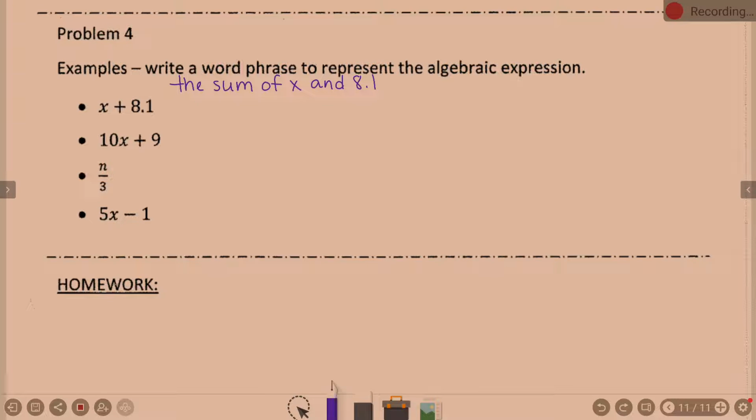Now, is that the only option? No. David, what were you going to say? I'm going to do 8.1 plus x. You don't have to have parentheses. Jacob, what were you going to say? x more than 8.1.